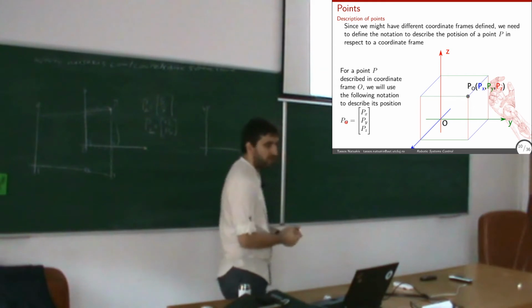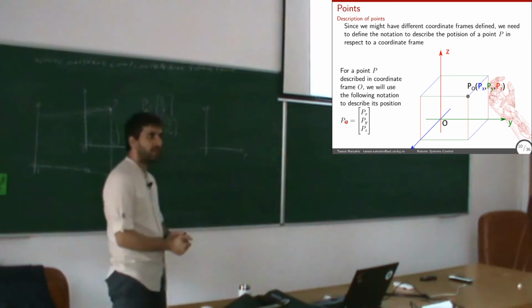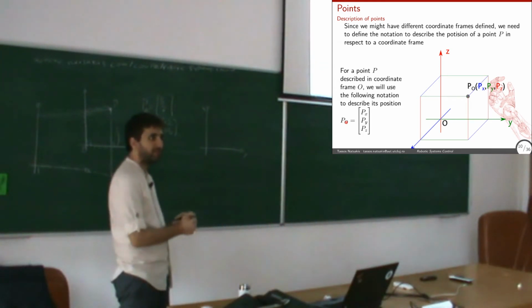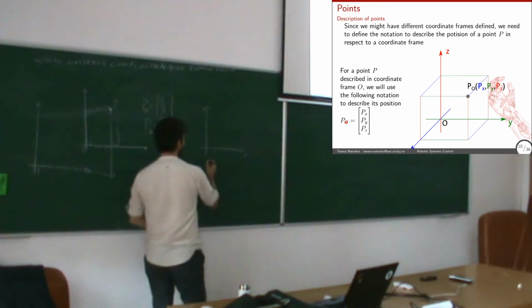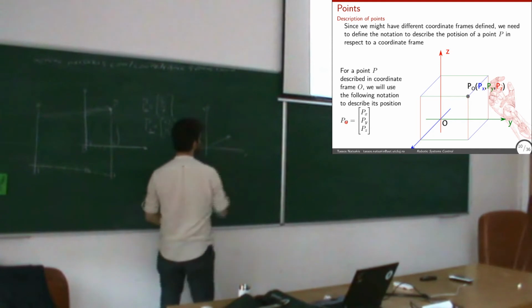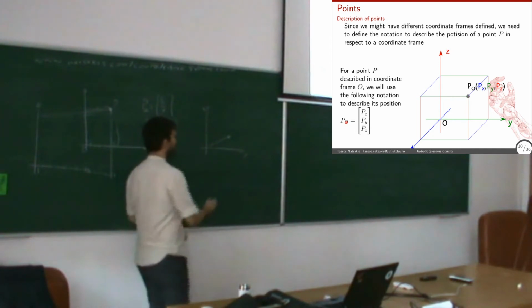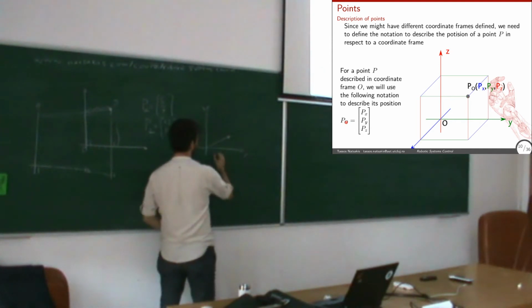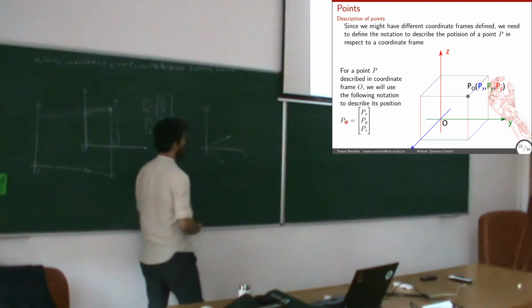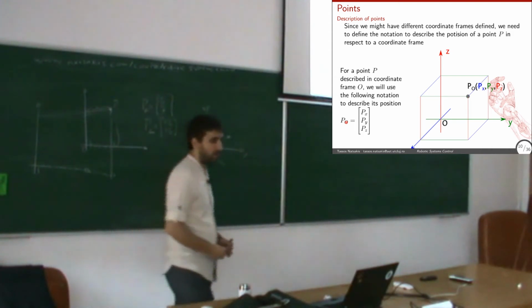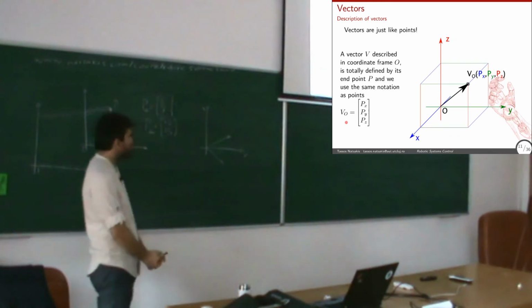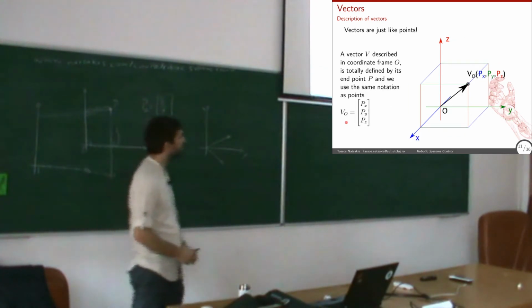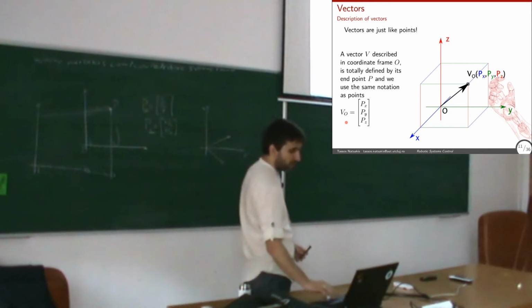Do you know what's a vector? What is a vector? Yes. A vector is a point, is an arrow, let's say. Okay, so this is a vector. This is another vector. Okay? We're going to use vectors as well. And basically, for the vectors, we can use the same notation as for points.